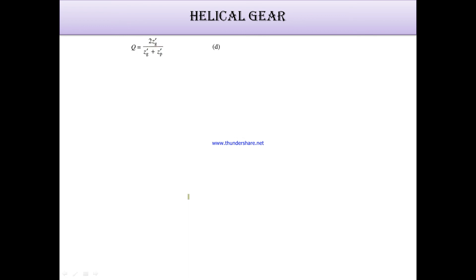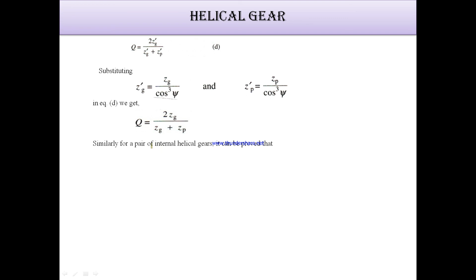Now Q is equal to 2 times Zg dash upon Zg dash plus Zp dash. As we saw, Zg dash is the virtual number of teeth, equal to Zg upon cos cube of psi. Based on this, we put it in the equation and get Q is equal to 2 times Zg upon Zg plus Zp. So the value of Q will be according to this formula.